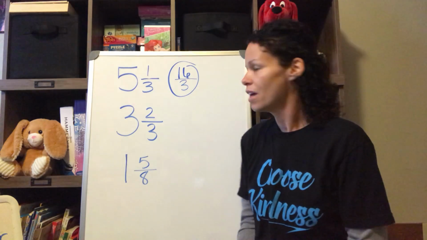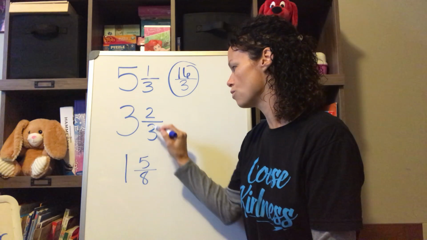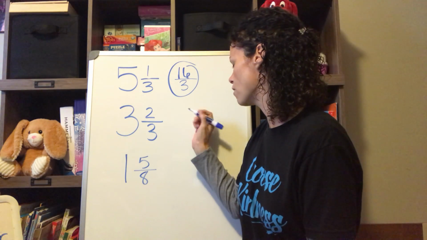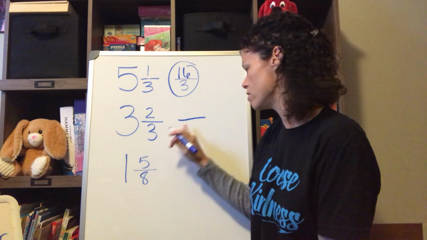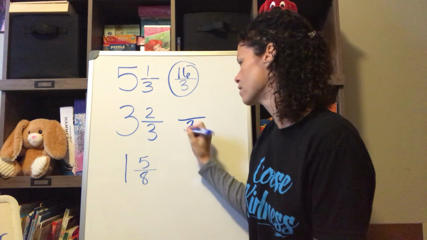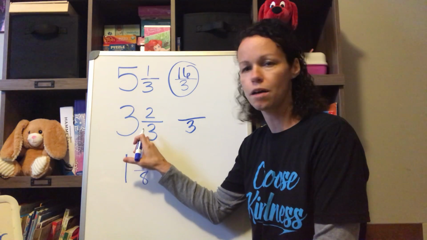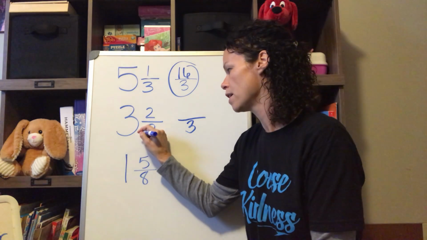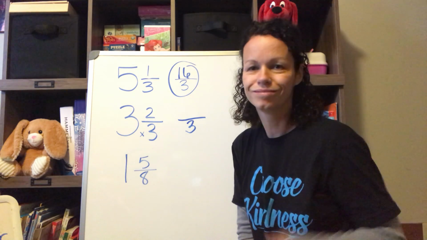Okay, let's try this one. 3 2/3. Again, before I forget, first thing I'm going to do is bring that denominator over. So that 3 is coming right over here. And now we're going to multiply the whole number with the denominator. So 3 times 3 is 9.